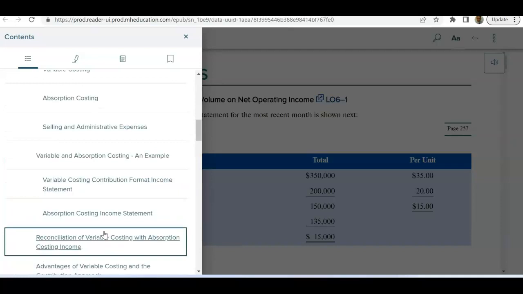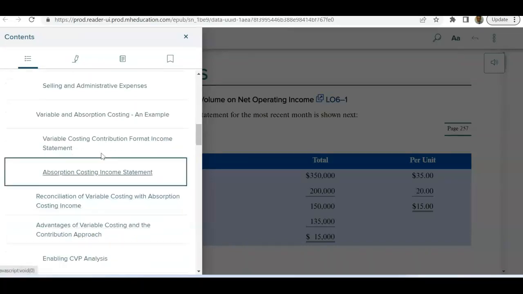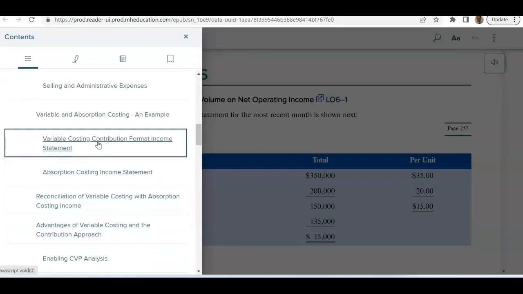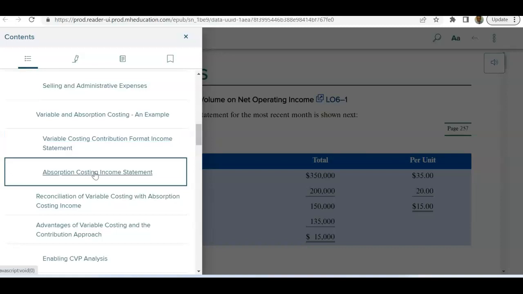Okay, so here you see a variable costing format income statement that provides you contribution margin information. But we have the absorption costing income statement, which is the type of income statement you learn in financial accounting. So it's the same thing, but you need to know the difference between the variable costing income statement and absorption costing.